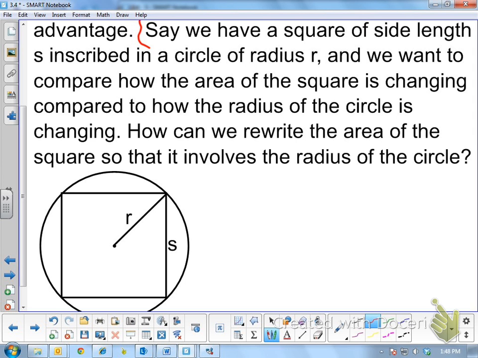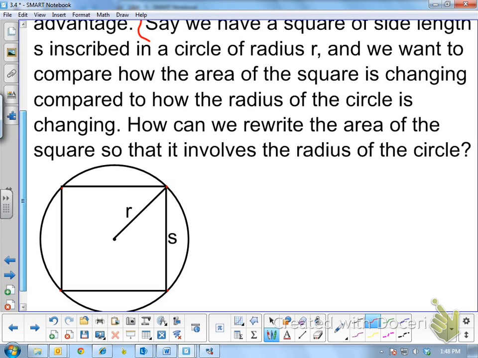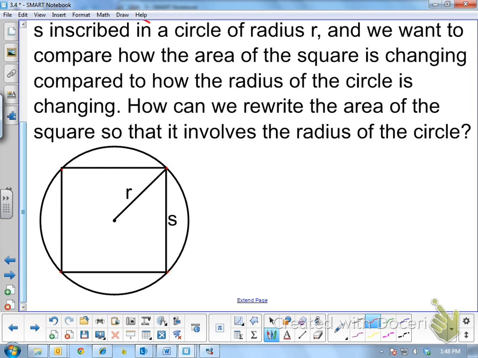If you have a circle circumscribed around a square, it means the circle is outside. So where would the circle be touching the square? At these vertices of the square. We could inscribe a circle inside a square where it's touching.